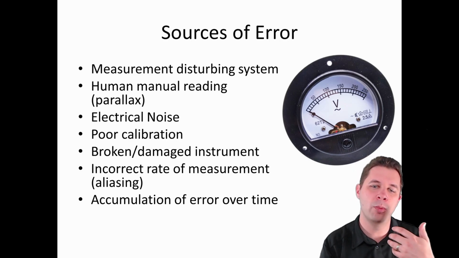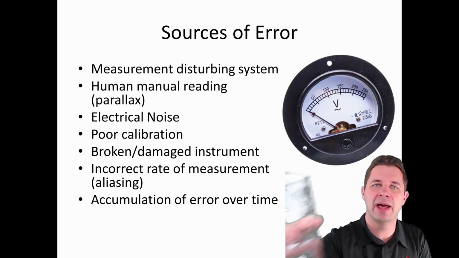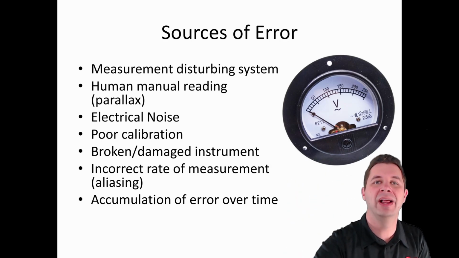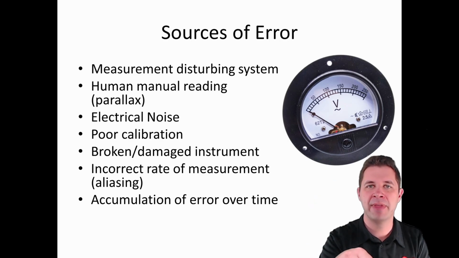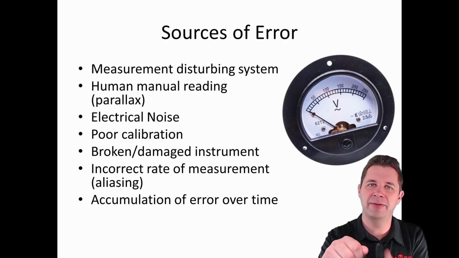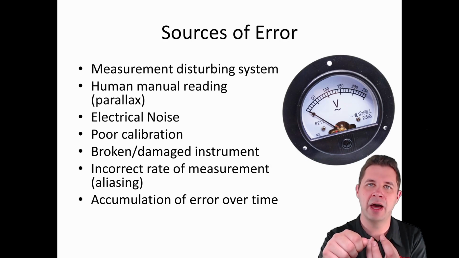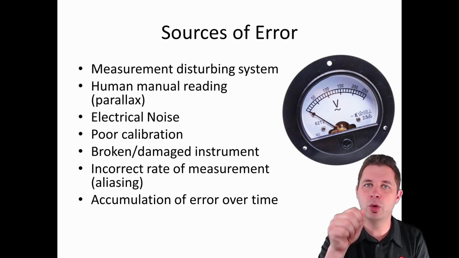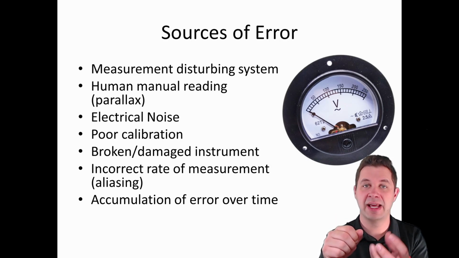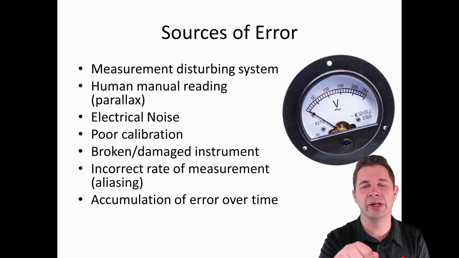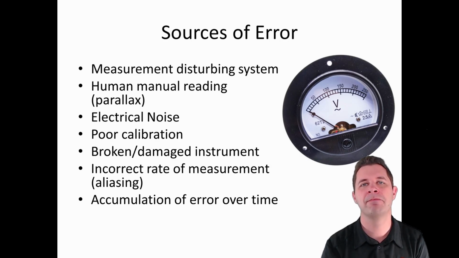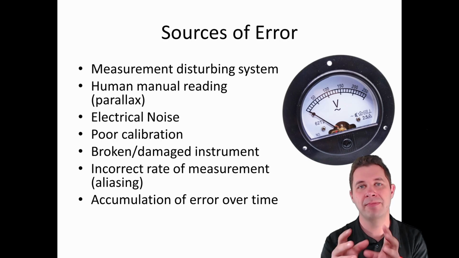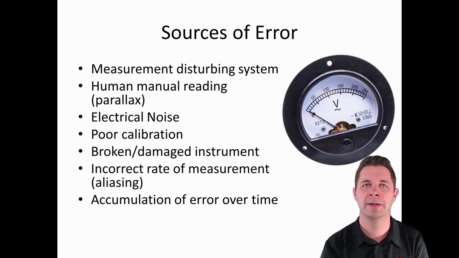Or maybe an even more intuitive example: if we've got a cup of water that we're boiling or warming up slowly, and we dip a thermometer in there, that thermometer is going to be at a different temperature to the water that we were heating up. And so we're probably going to cool that water down as it's starting to get hotter by entering the thermometer. And then if we pull the thermometer out and put it in again 5 minutes later, we're going to be introducing an error into our system as we're trying to measure what the temperature actually is.